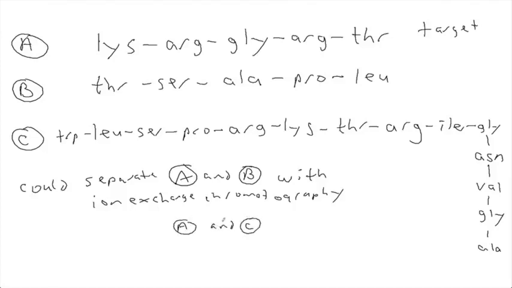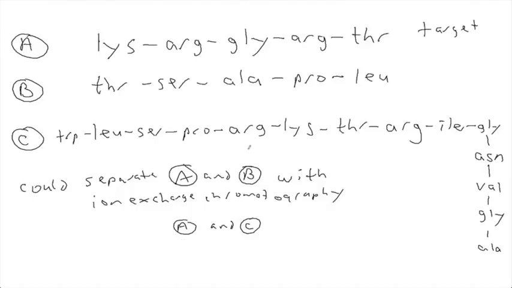No, more likely gel filtration. How do you know ion exchange probably wouldn't work? Because both of them have lysine and arginine in them. How many? They both have three.